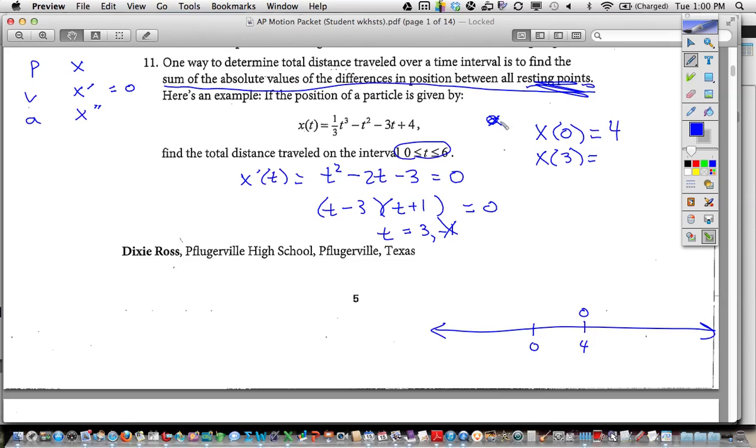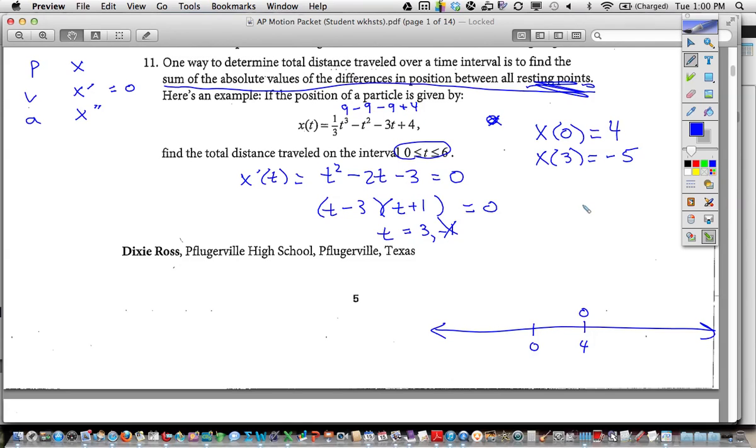Okay, let's do that. So 3 cubed is 27, times a third, that'd be 9. 3 squared is 9. 3 times 3 is 9. Wait, I did something wrong. Didn't I? Oh, no, that's right. So 9 minus 9 is 0, minus 9 is negative 9, plus 4 is negative 5.